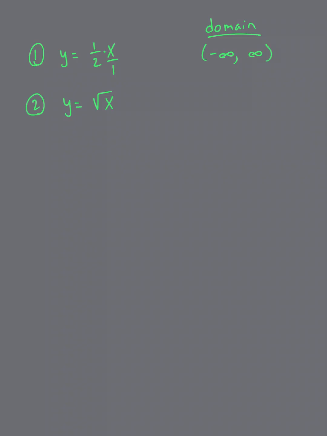Remembering that the domain for y equals the square root of x is bracket 0 to infinity will help us with the next example. Remember here that x would have to be 0 or a positive number in order to get a real output for y.